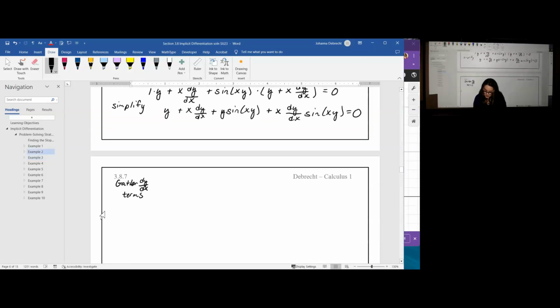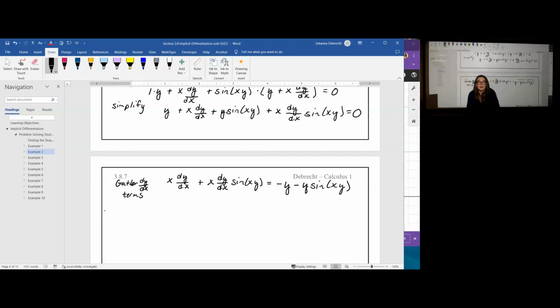When I gather the dy/dx terms, I get x dy/dx plus x dy/dx sine of xy equal to negative y minus y sine of xy.